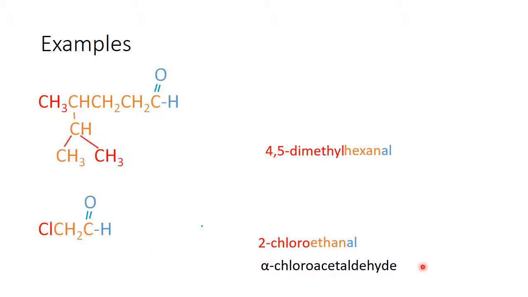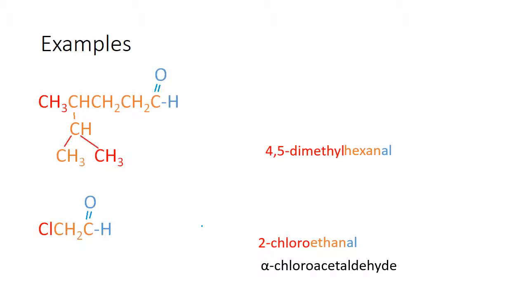A common way of identifying functional groups on carbonyl compounds is to call the carbon that is adjacent to the carbonyl the alpha carbon, and so the one that would be 1 over then would be beta, and then you have gamma, etc. So a common name for this is alpha chloro, and a common name for the 2-carbon aldehyde is acetaldehyde.